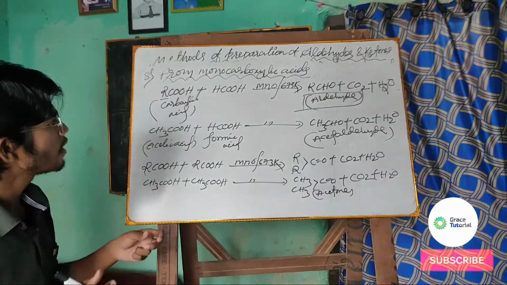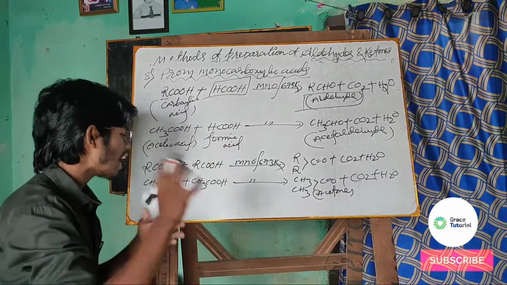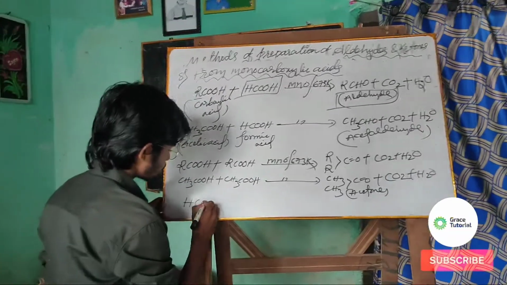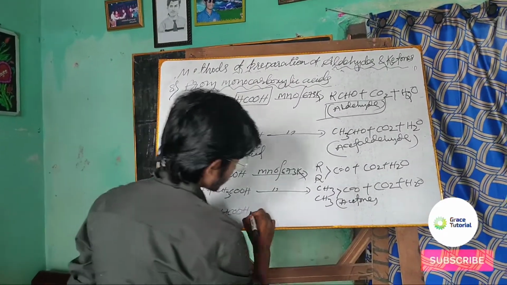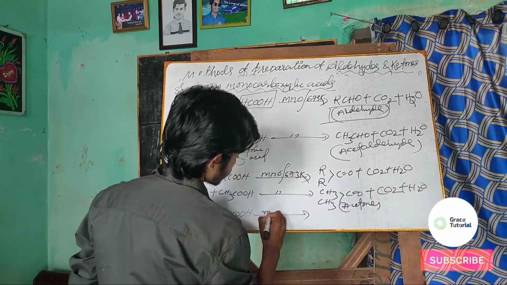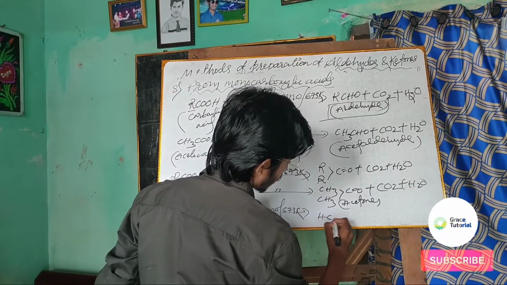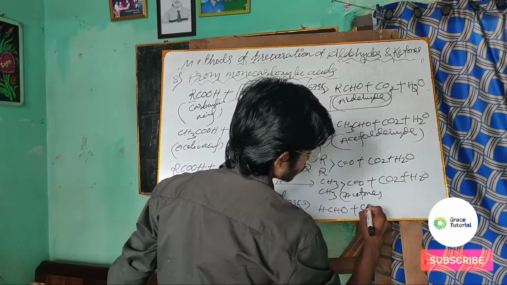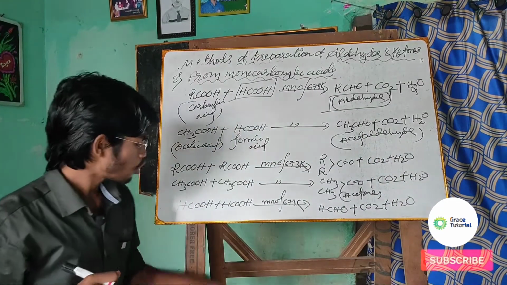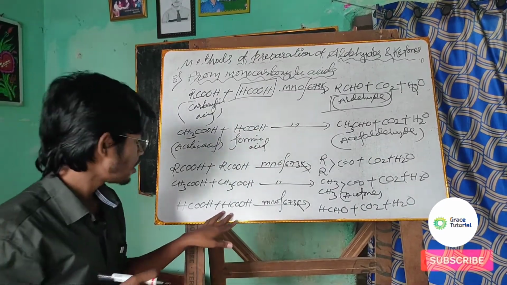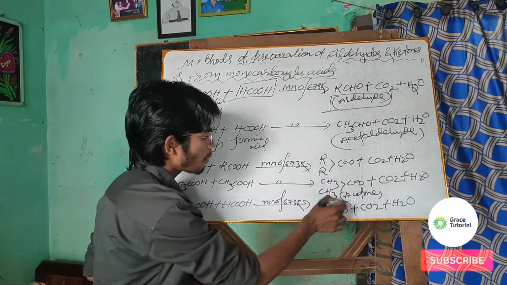Now if you ask me, sir, what will we do if a mixture of formic acids is used? Suppose HCOOH and HCOOH are heated in the presence of MnO at 673 Kelvin, then formaldehyde results with carbon dioxide and the liberation of water.